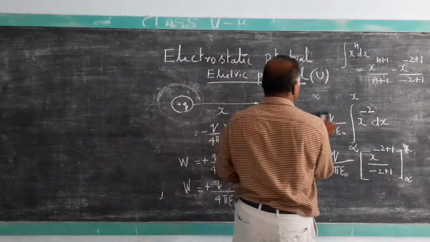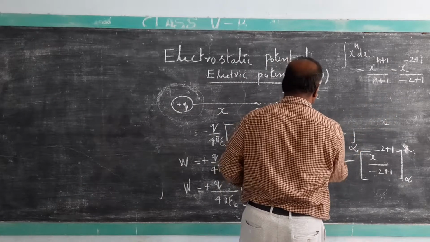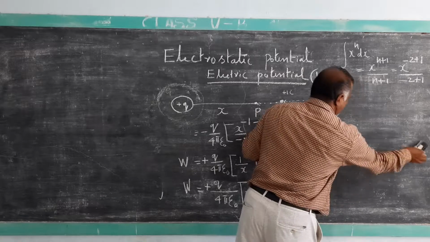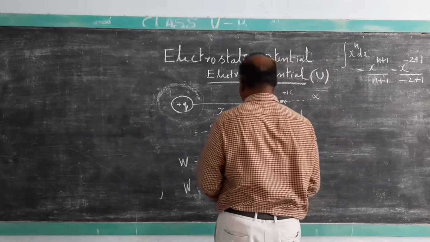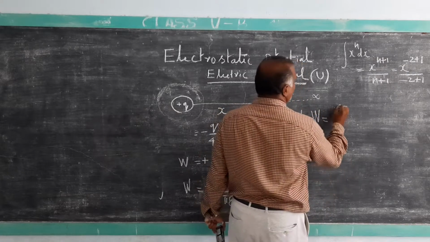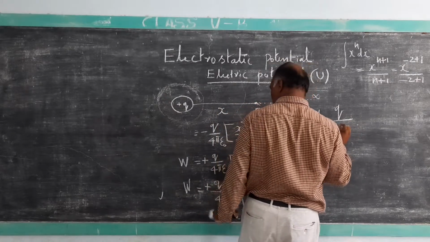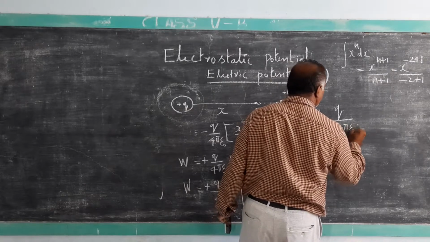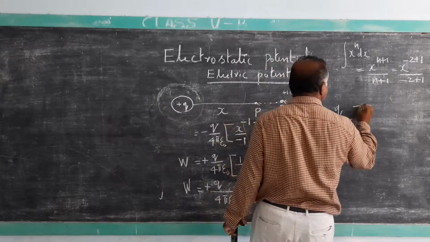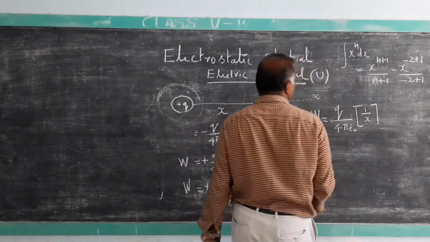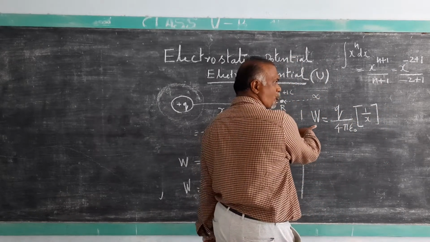So total work done w. This work done we call potential. That is, w is equal to q divided by 4 pi epsilon naught into 1 by x, just remove the plus, no problem. So this work done is stored as a potential.